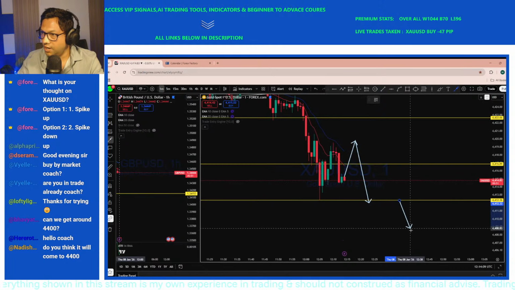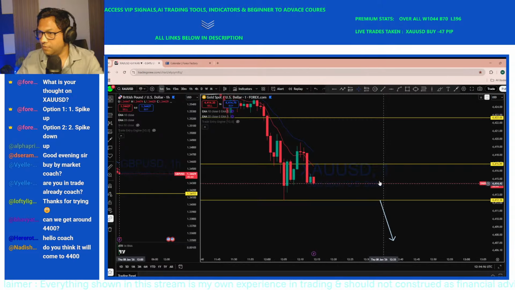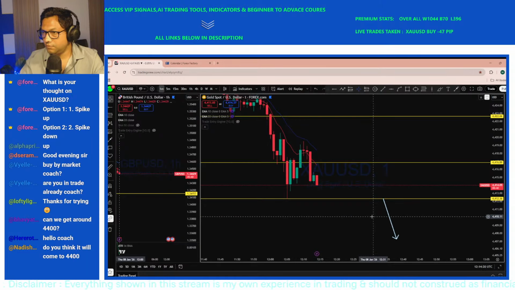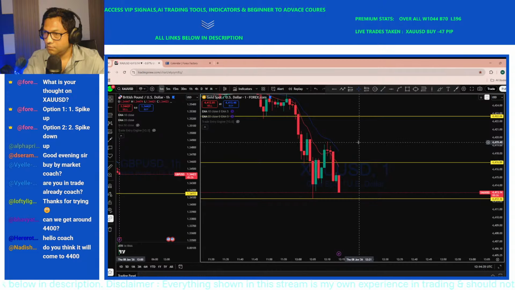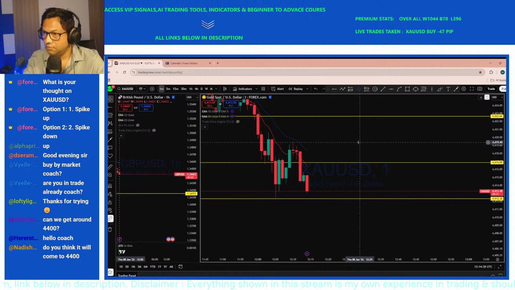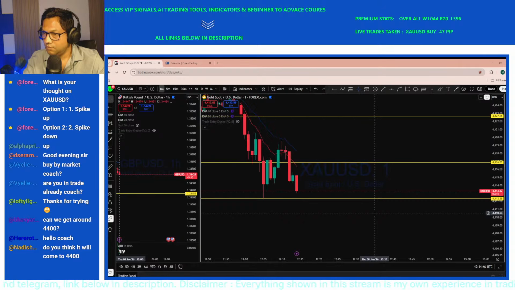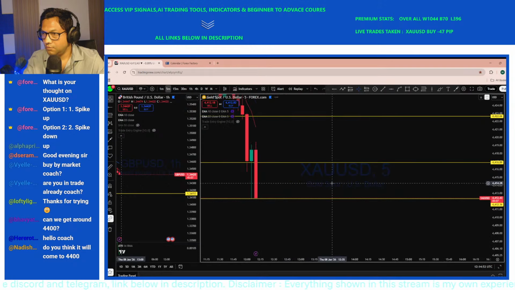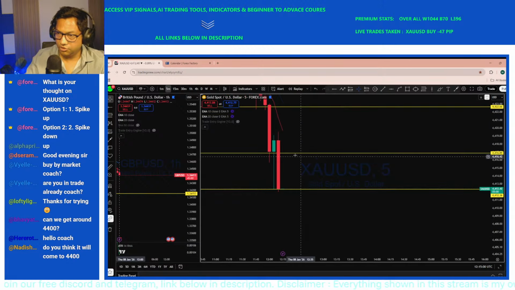Okay, so looking at that level here. It's entirely bearish price action that you can see.